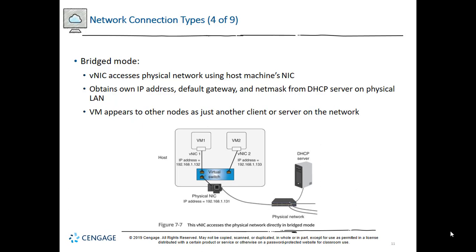The router might assign the host machine an IP address of 131, and a guest might get 132. The second guest on that host might obtain 133, and so on. So when connected using bridge mode, a VM appears to other nodes as just another client or server on the network.